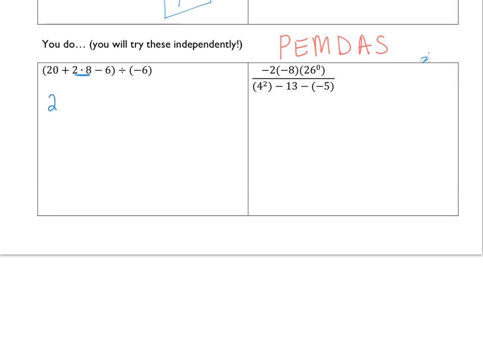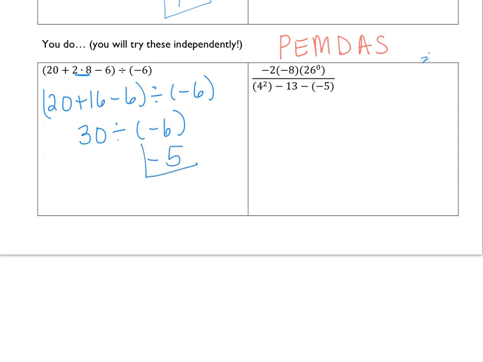So we have 20 plus 16 minus 6 in parentheses, and that is being divided by negative 6. So we have to simplify within our parentheses, and we have 30 divided by negative 6, and that gives us an answer of negative 5.